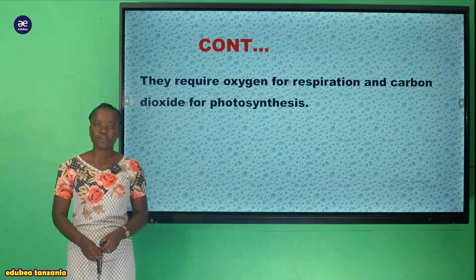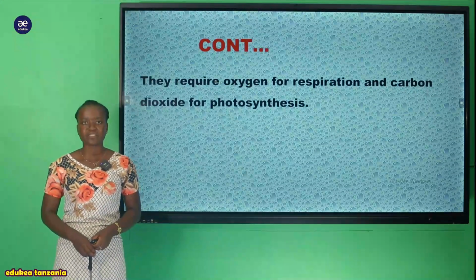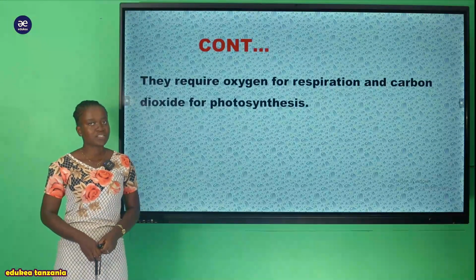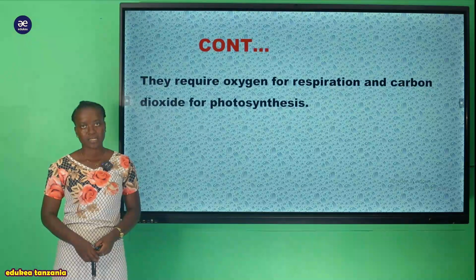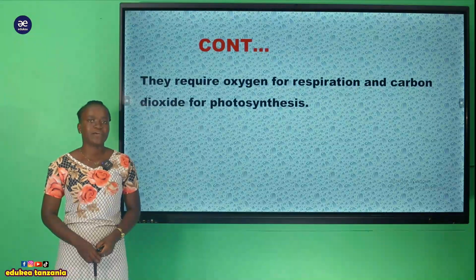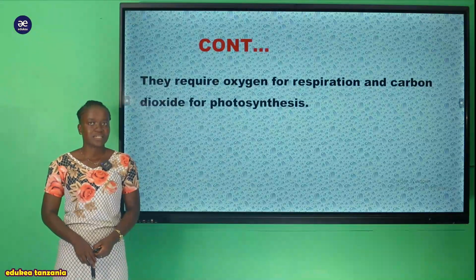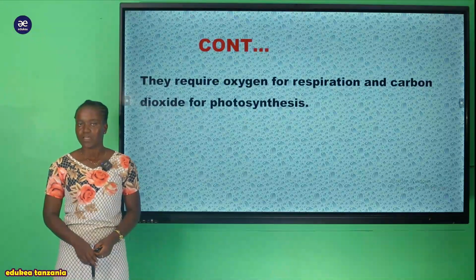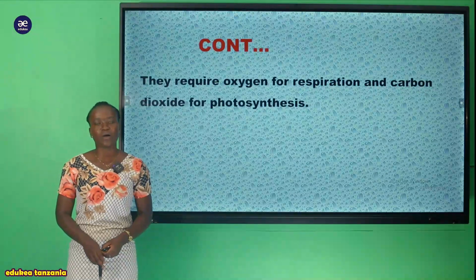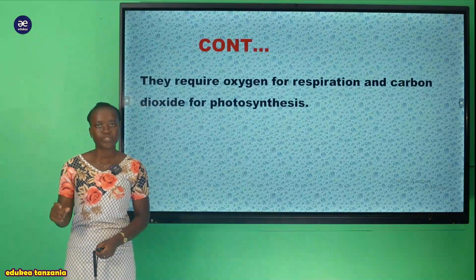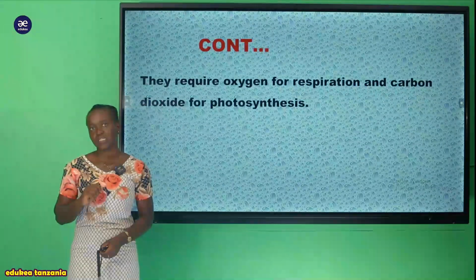Pia most of the plants require the presence of oxygen and carbon dioxide. Kwa maana kwamba you can ask yourself, kwa nini mmea inahitaji the presence of oxygen? Oxygen ambayo inahitajika kwa plant for the process which is known as respiration.